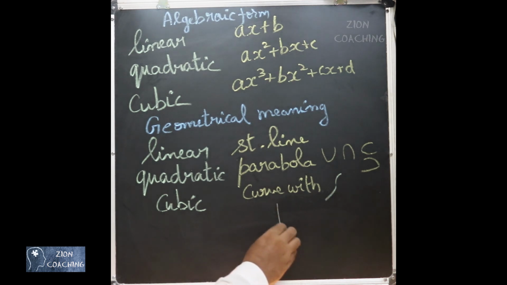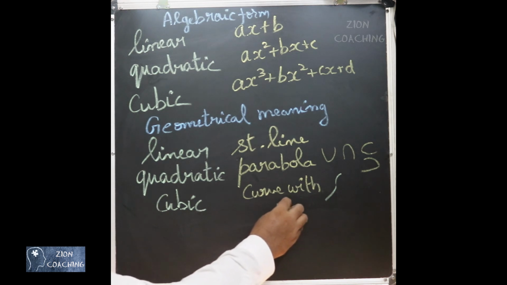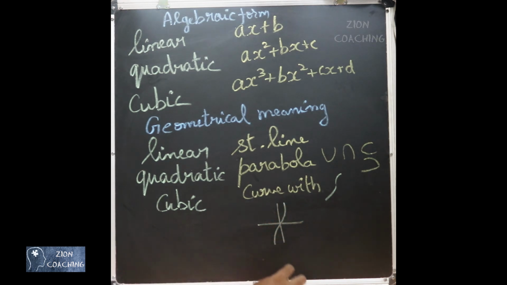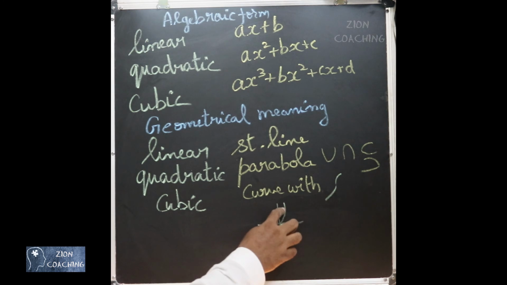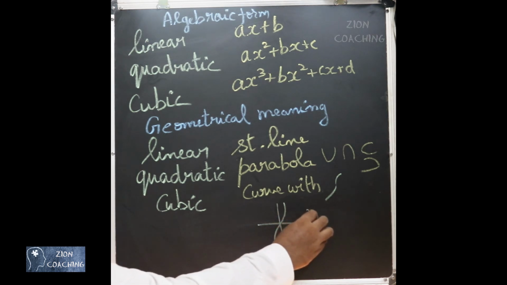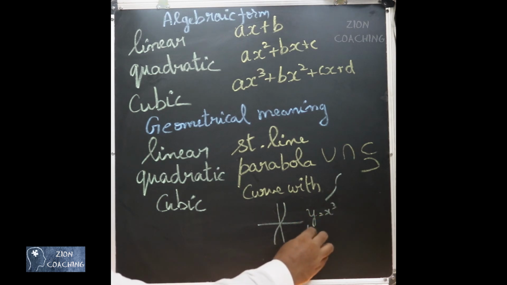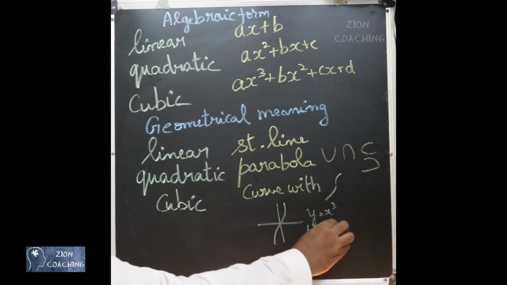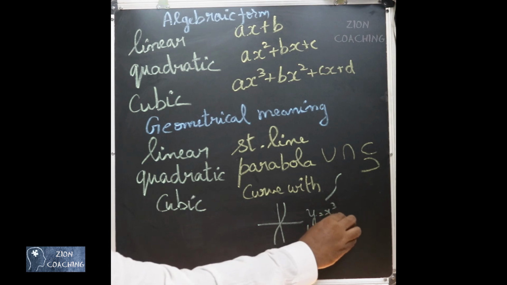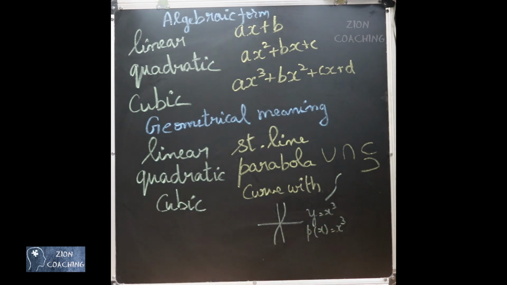When you draw the graph of x cubed, you will get something like this. When you draw the graph of y equals x cubed, that is p of x equals x cubed, it is clear from the degree that it is a cubic polynomial, but when you represent it graphically, this is how it will look.